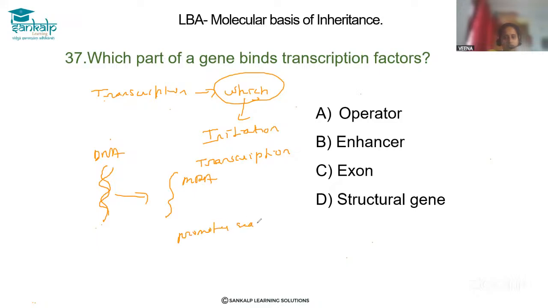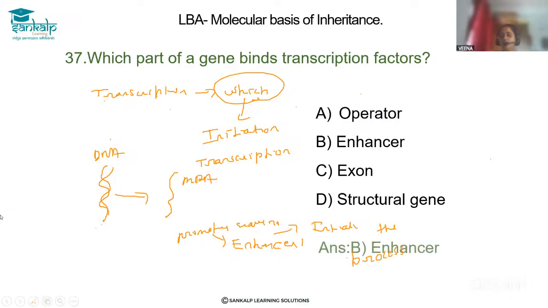It is called the promoter sequence, or it is also called the enhancer. Okay. So that will initiate the process. So the correct answer is B, that is enhancer. It is also called a promoter sequence.